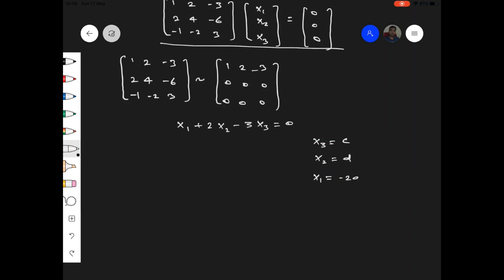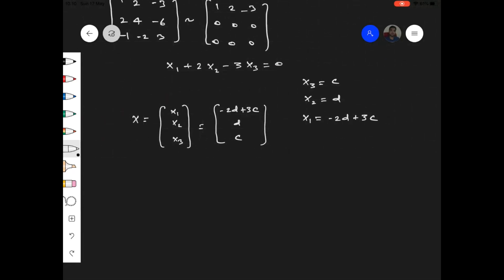And let's collect them together and put it into the form of a vector. So x1, x2 and x3 is going to be -2d plus 3c, d and c. What we'll do, we'll split this vector into two independent vectors by separating the c and d.